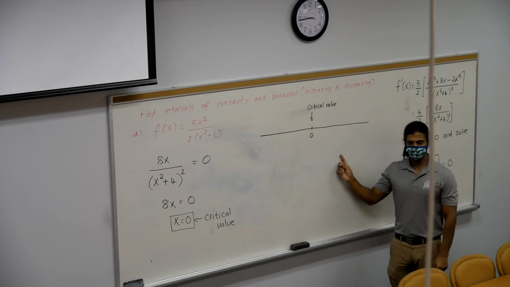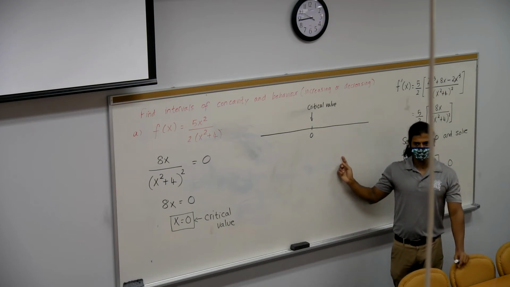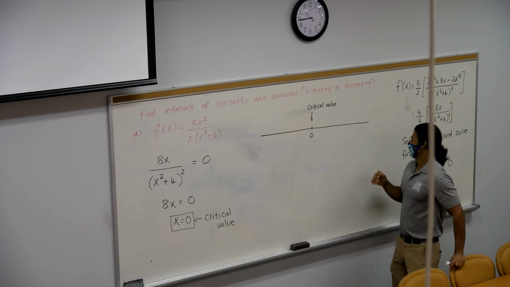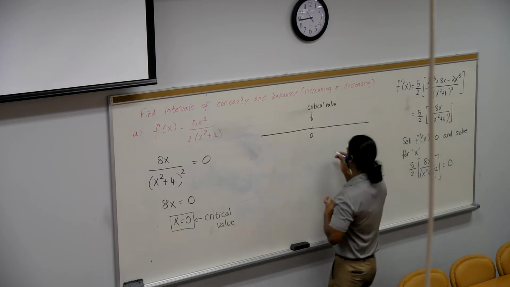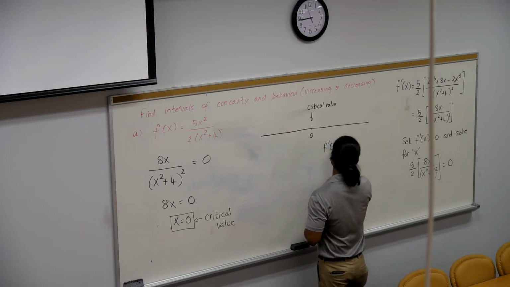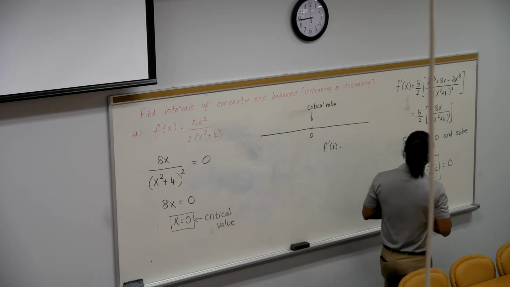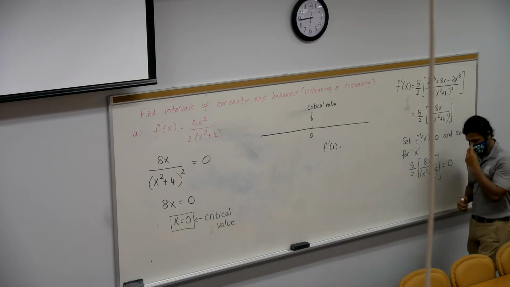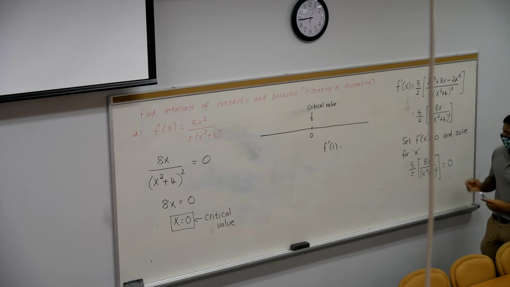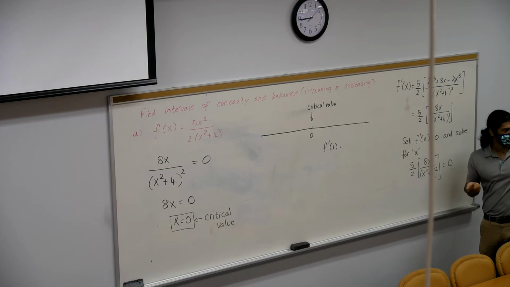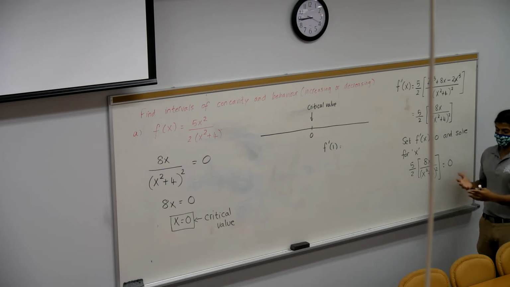So to the right of 0, I need an easy number, 1. We have to plug in 1 in the derivative. And again, I have seen students try to plug in the values and evaluate to get a number. Now, is that necessary? No, because all we care about is the sign of the number that we will get at the end.